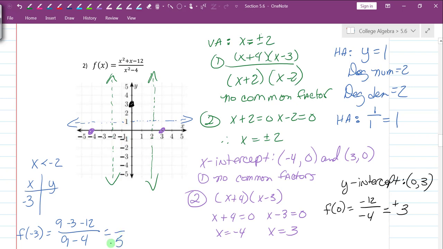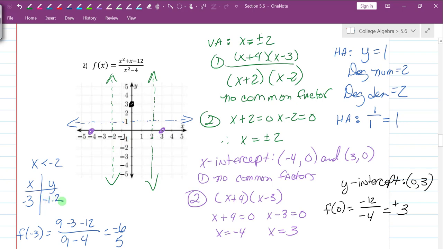And then 9 minus 3 is 6, minus 12 is going to give me negative 6. So that's like negative 1.2. Yep, negative 1.2.